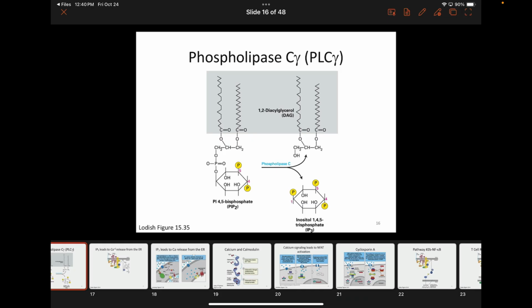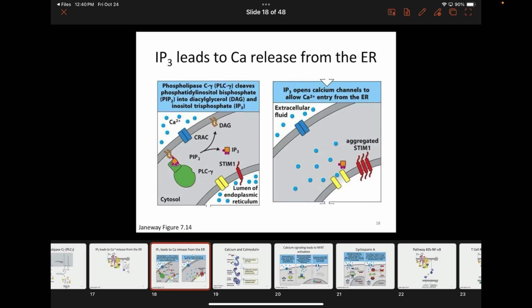Okay, cool, great. The thing that's important about the IP3 receptor is sort of where it is in the cell, and sort of some other pieces of what's going on in the cell. So the IP3 receptor primarily is found, it's this yellow thing that's shown here.